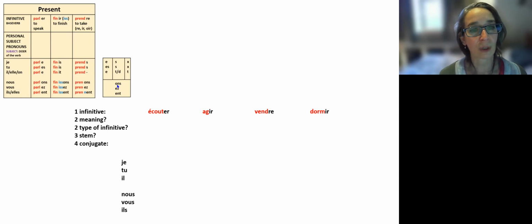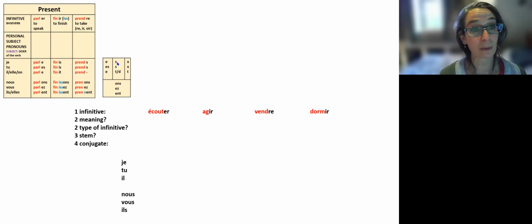Yeah, ONS, EZ, ENT. Right, okay. Now, if it's not E, ES, E, then it generally is S, S, T or X, X, T, which is very similar. You can almost guess the answers, yeah? So if it's an ER verb, you will take these endings, E, ES, E, then the plural endings that apply to all verbs.